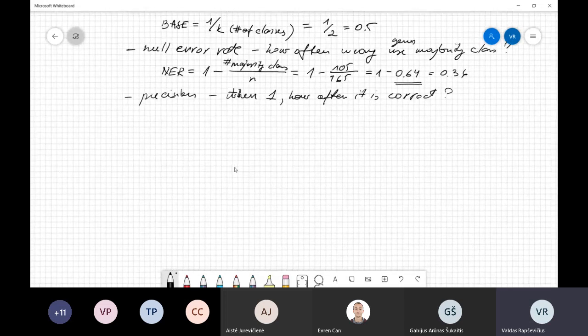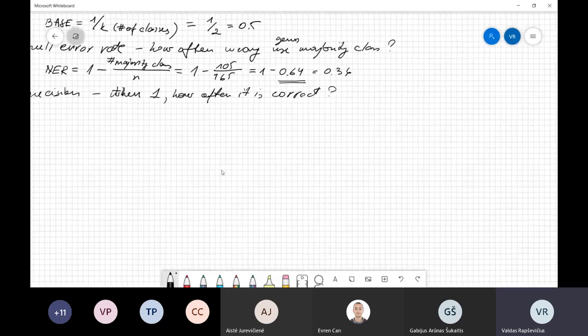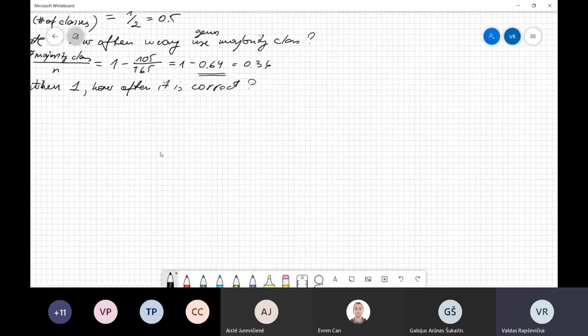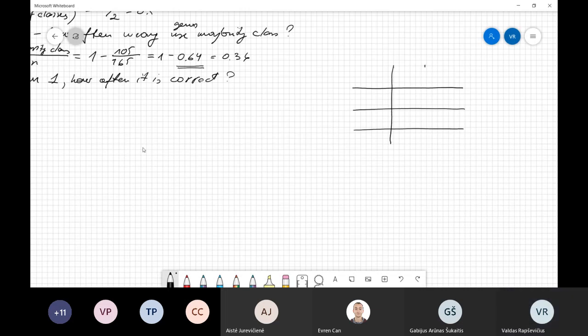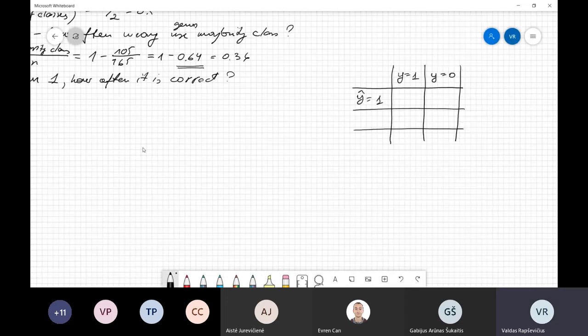Okay, so for illustration of these metrics, let me draw some additional thing on the side, which I will be adding to as we go. So basically, again, the same matrix, where we have the true classes 1 and 0, and y hat equals 1 and y hat equals 0.